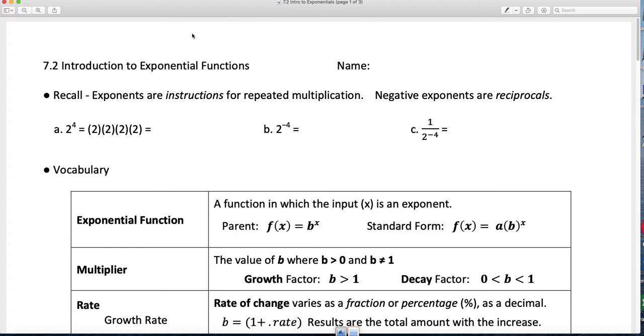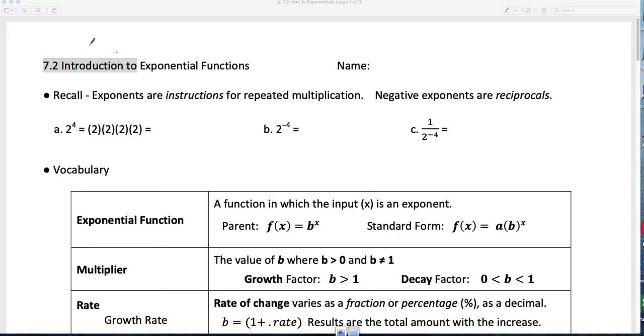So let's see if we're in pen mode, and we're not, so turn that on. All right, so the first function we've learned about so far is linear. Quick review here. The parent of all linear functions is y equals x.